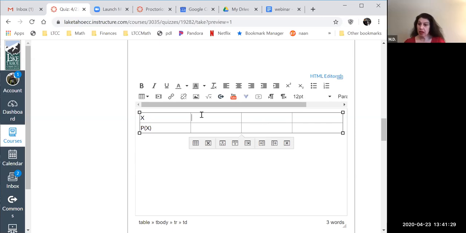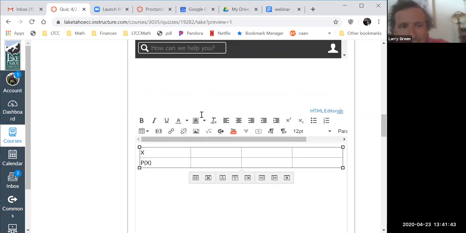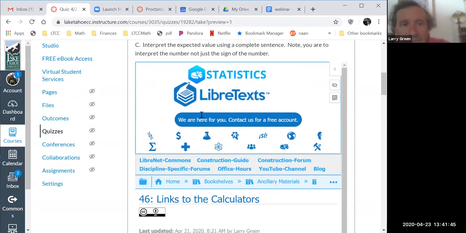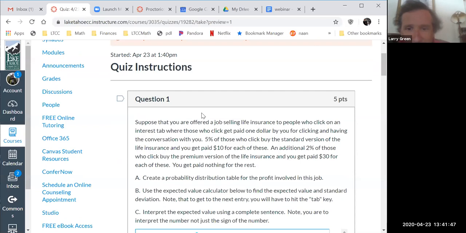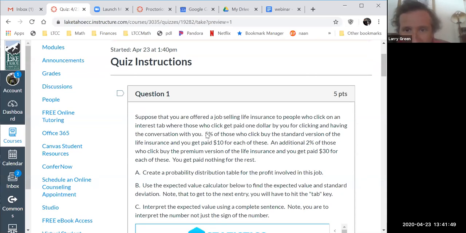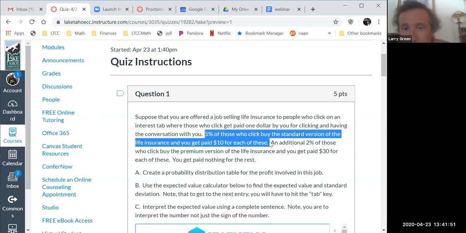If you're able to sell that standard insurance, what's your profit? You may need to read the question again. If you sold the standard insurance, what's your profit?